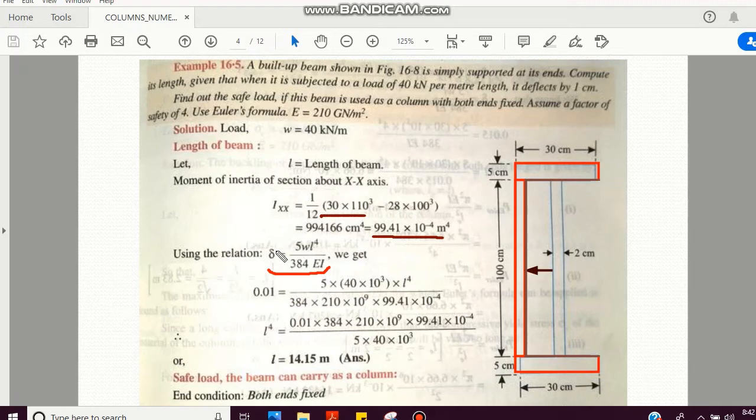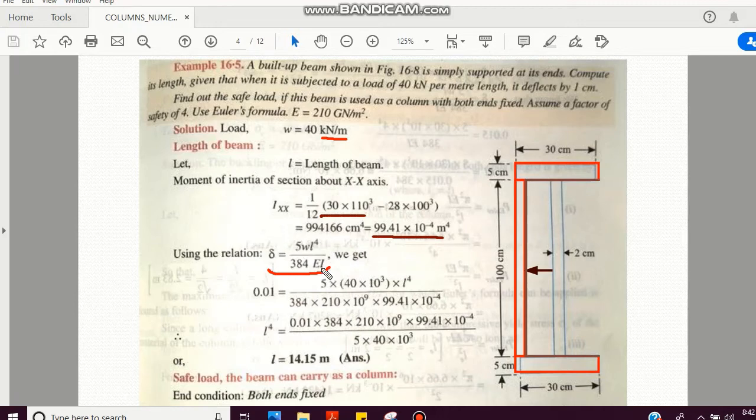Delta is the vertical deflection for a horizontal simply supported beam carrying a UDL. The unit of small w is Newton per meter or kilonewton per meter, whatever. L is the length, E is the modulus of elasticity, and I is the moment of inertia.